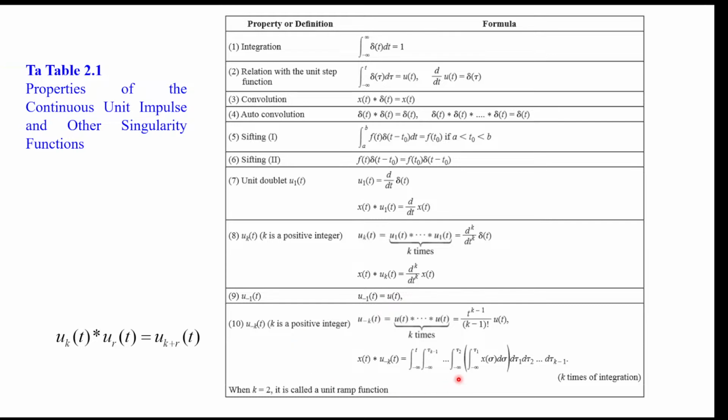And here are more properties that you can remind yourself of. So those are some properties of the delta function, and we have the definition of the unit doublet, singularity functions, and the integration function. I guess those should be the ramp functions and their generalizations.